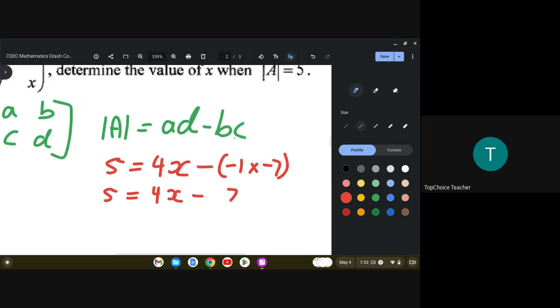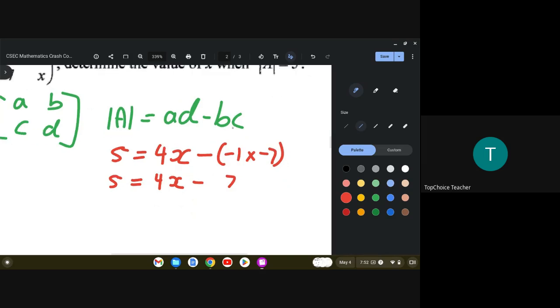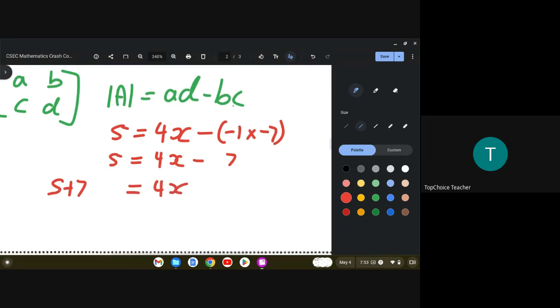So 5, let's solve now for x. This minus 7, we're moving it across, so it's going to become plus 7, equals 4x. 5 and 7 is 12. 12 is equal to 4x.